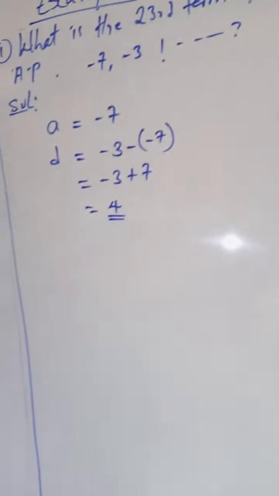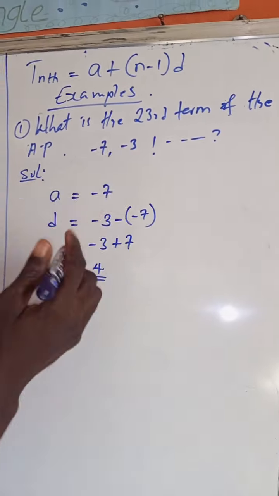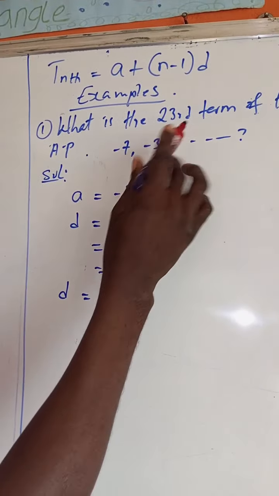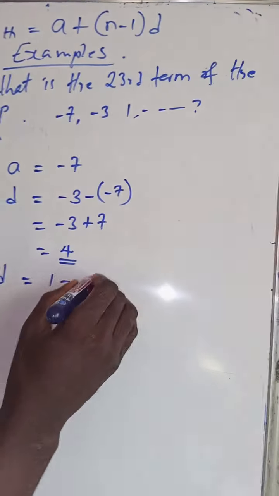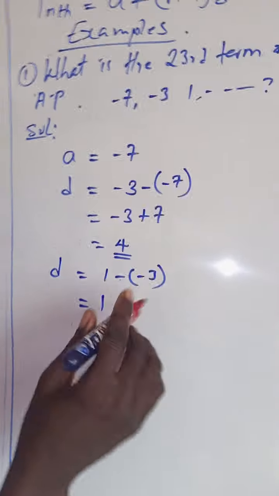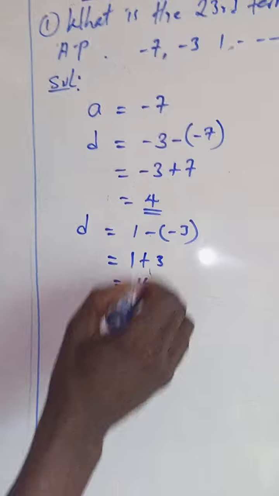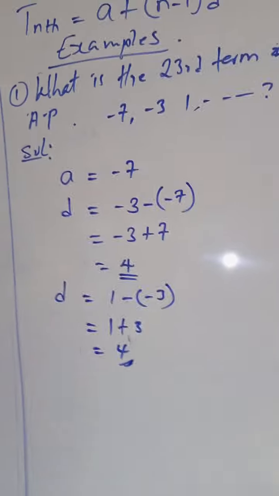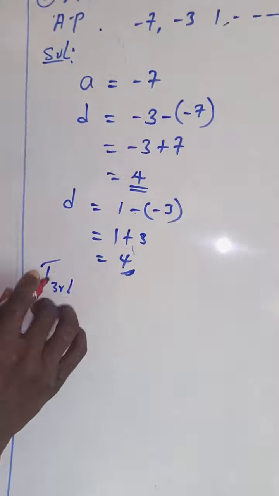Let's try it again, maybe we will get the same thing. Using the third term minus the second term, 1 minus minus 3, gives 1 plus 3. So my answer is 4. It's the same thing. See, the common difference is 4. But I'm looking for the 23rd term.